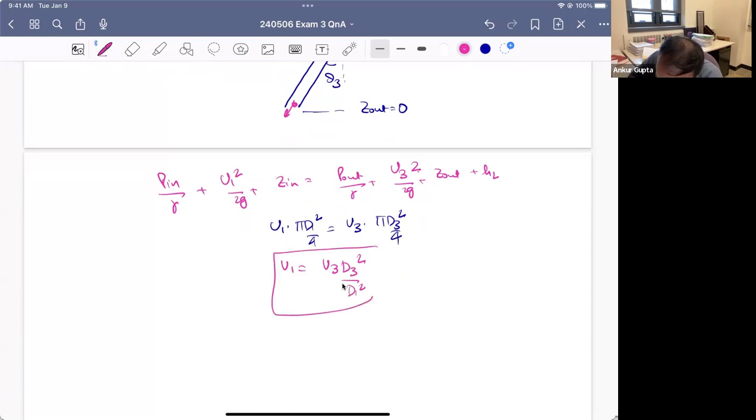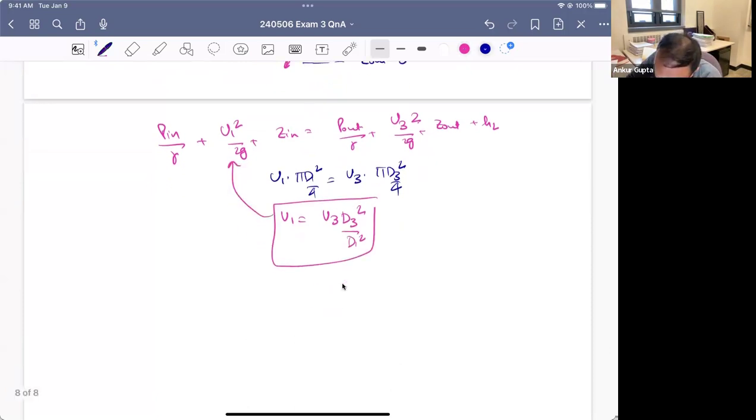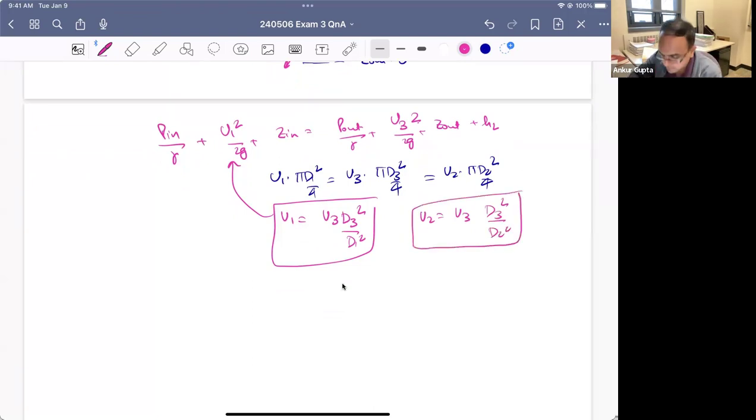I'll use this to substitute here. And by the way, this is also equal to U2 into pi D2 square by 4, and so I can also say U2 is equal to U3 into D3 square by D2 square. All right, hopefully that's clear.